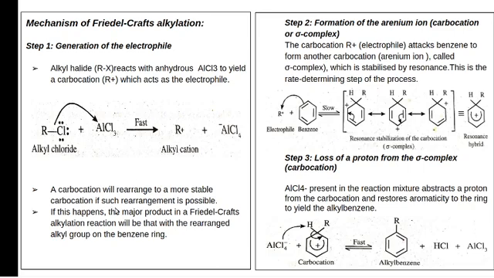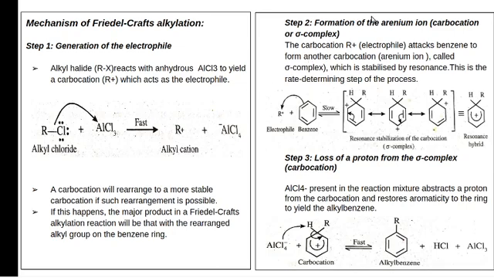If this happens, the major product in a Friedel-Crafts alkylation reaction will be that with the rearranged alkyl group on the benzene ring. The more stable carbocation will get attached on the benzene ring, and the final product will be different from the original alkyl group.